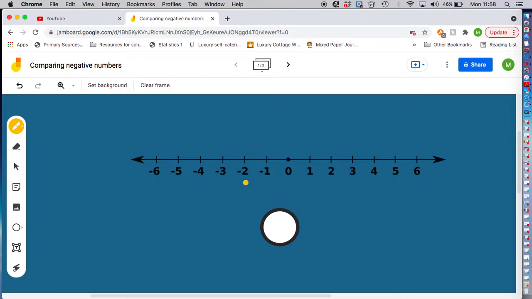So what do we mean by a negative number? A negative number is any number that is below 0. So there is 0 on my number line. -1 means that it's 1 below 0. -2 is 2 jumps away from 0. -5, the negative means it's below 0 and it's 5 below 0.